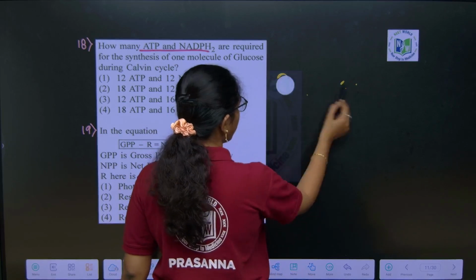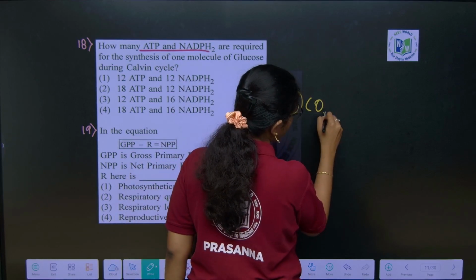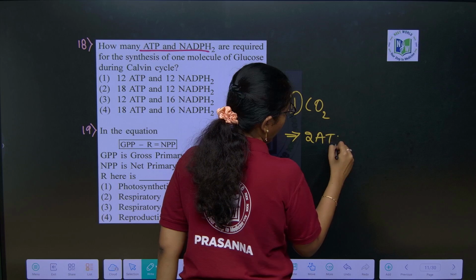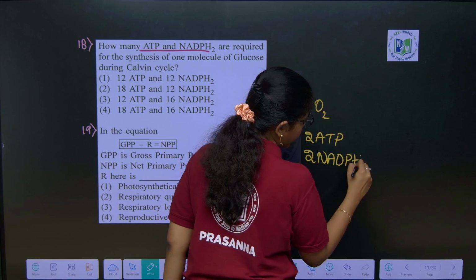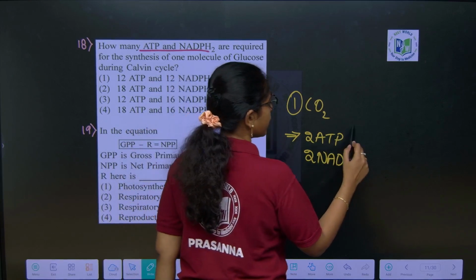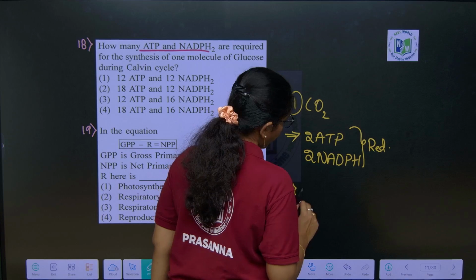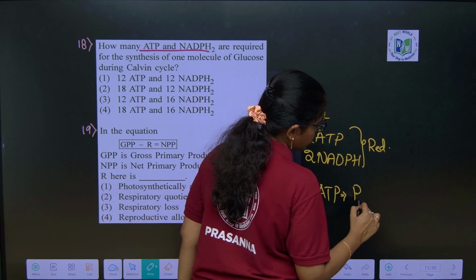For one carbon dioxide, let us calculate first. For one carbon dioxide fixation, 2 ATP and 2 NADPH are utilized during reduction, and one more ATP at the time of regeneration.